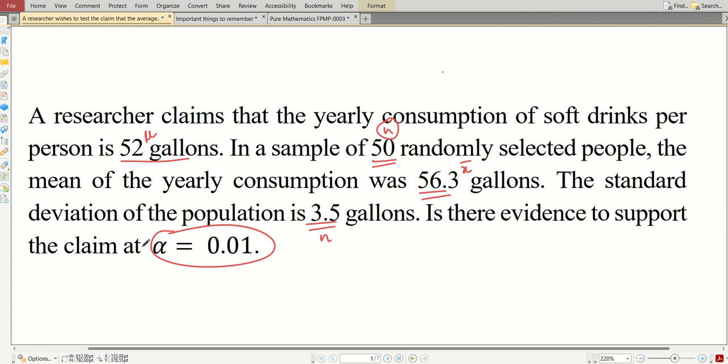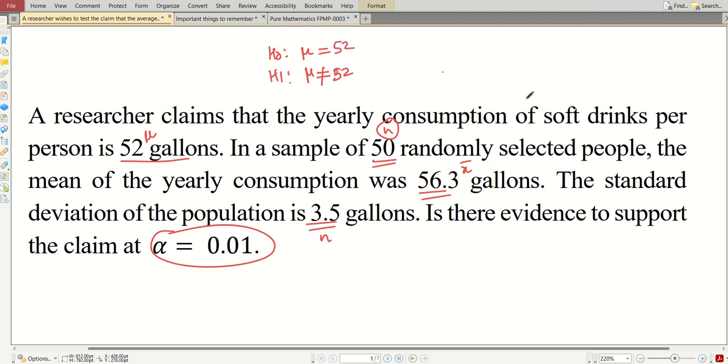If you take all of these values and read this question, it belongs to the different type, because they are not talking about greater or less. So H naught is mu equal to 52, and the alternate H1 is mu not equal to 52.